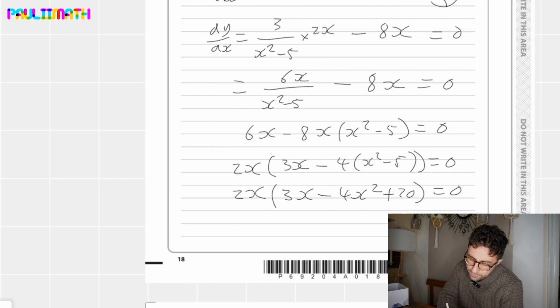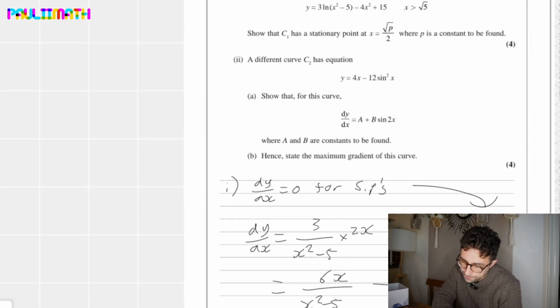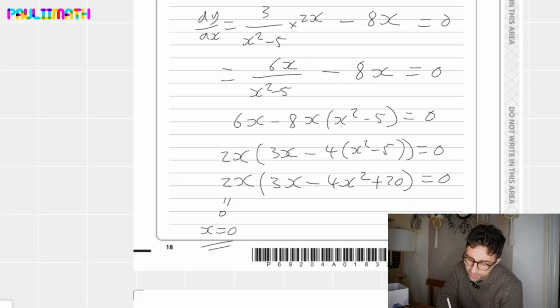So you've got either this equals 0, so you've got an x equals 0 situation. Is that allowed? x has got to be bigger than root 5. And then here, assuming I've done my signs right, which I'm feeling reasonably confident about, we do have minus 4x squared plus 3x plus 20 equals 0.